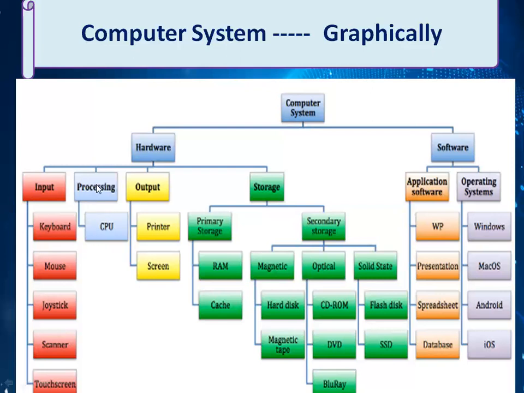Then the second type is processing hardware. The processing hardware basically consists of a processor. The processor is used to process data. It is also called Central Processing Unit, CPU. It is the brain of the computer.